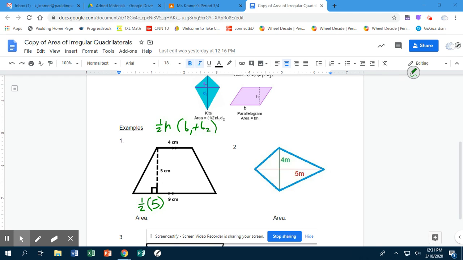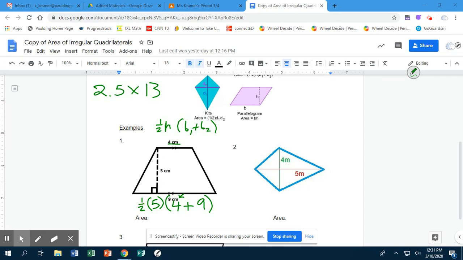So half of 5 times base 1, we'll just call 4, plus base 2, which is right here, we'll call 9. So then it's just half of 5 times 4 plus 9. So it's 2.5 times 13.